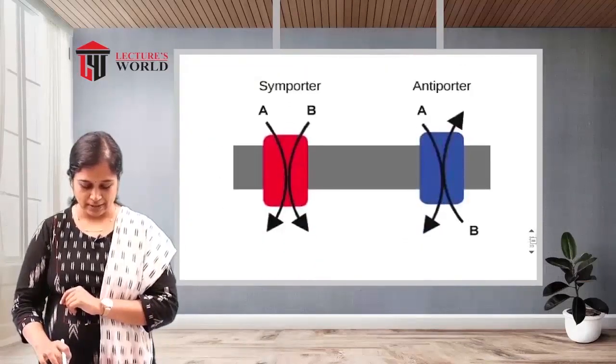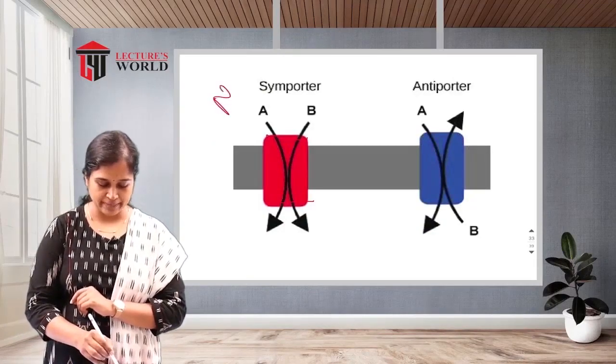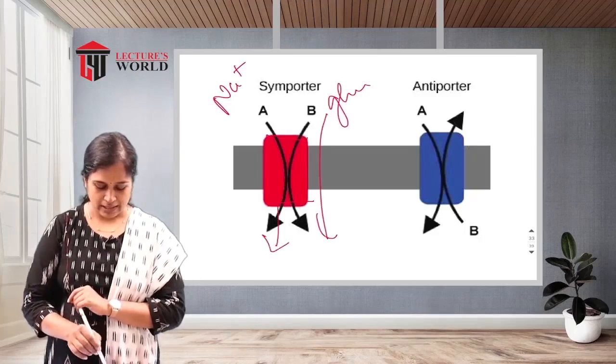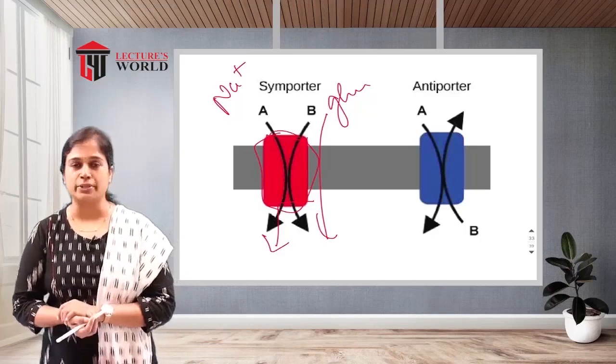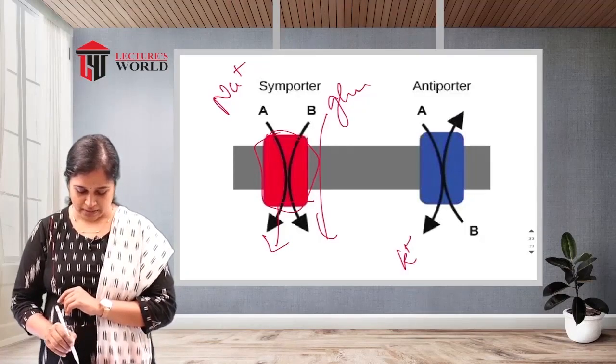So you can see this. This is the protein via which two molecules, for example Na+ and the glucose molecule, come inside the cell. So this protein is called a symporter protein. Now this is the K+ and this is Na+.